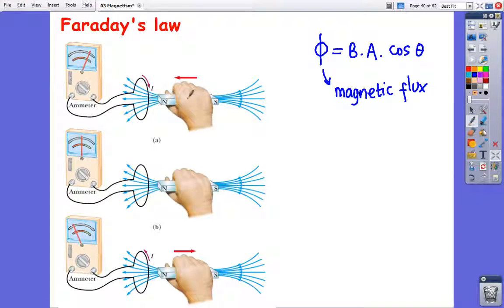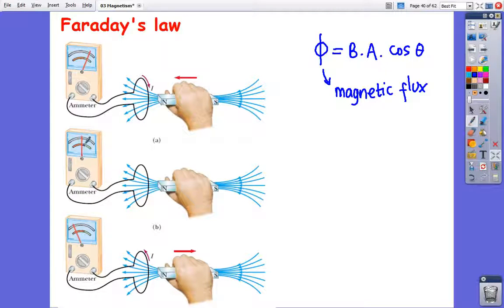Now if we move the bar magnet toward the loop, as you can see, the magnetic flux going through this loop is increasing. When this magnetic flux is increasing inside the loop, it creates a current, and it is detected in this ammeter, so the indicator goes to the right.